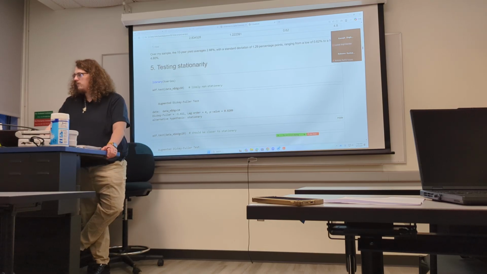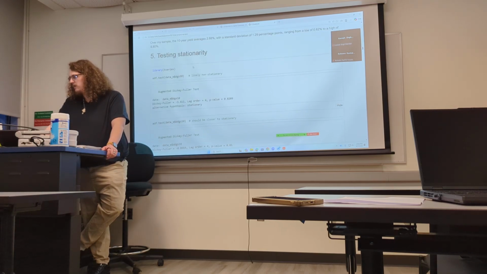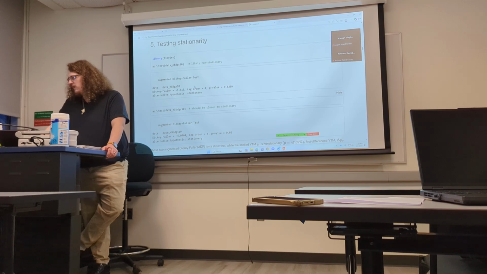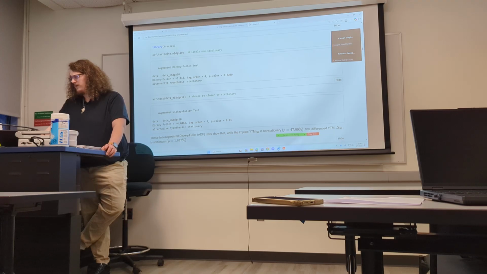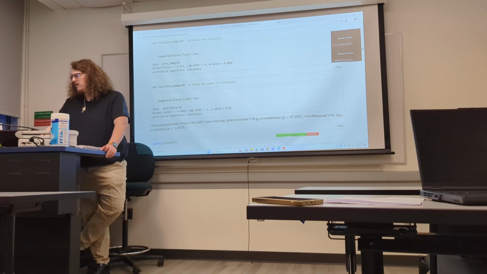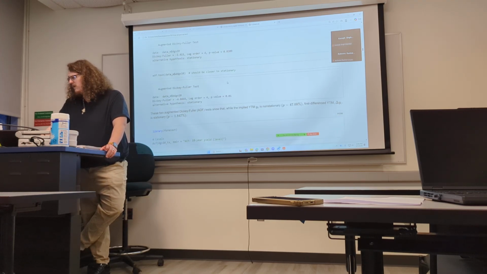Okay. So in terms of testing stationarity, I do an ADF. I get -1.4, and the p-value is about 0.8 for just DGS10. And with the first difference, it looks a lot closer to stationarity.